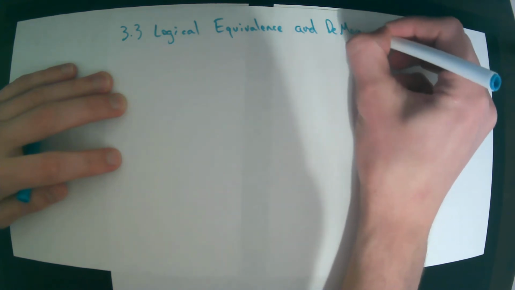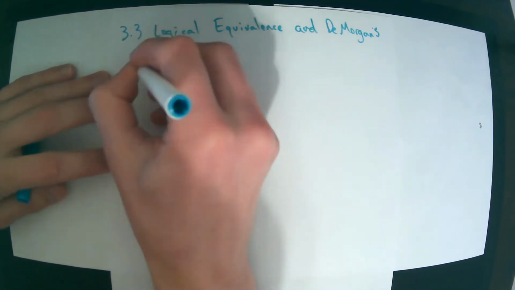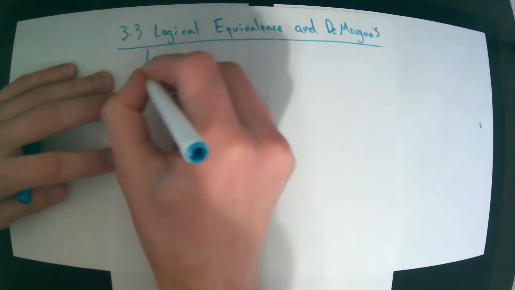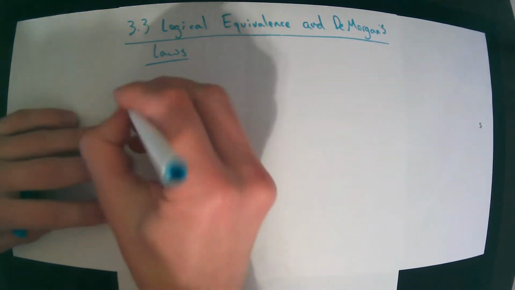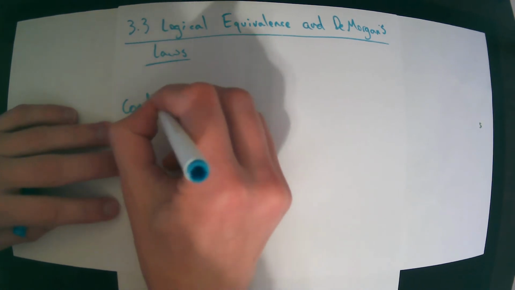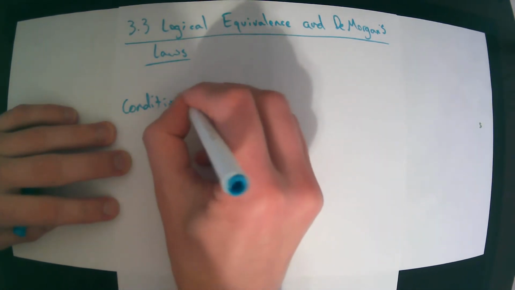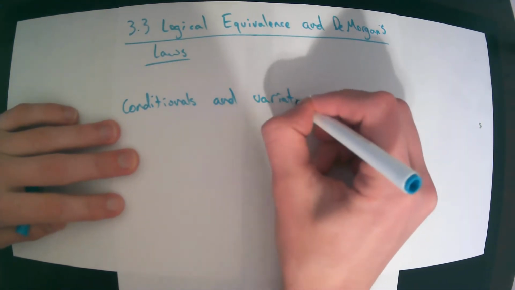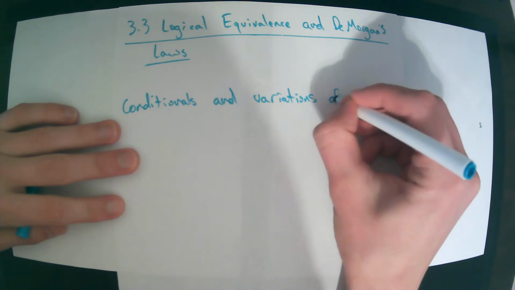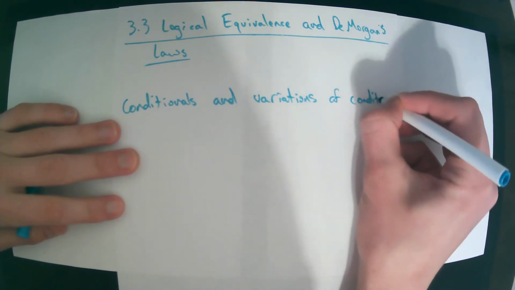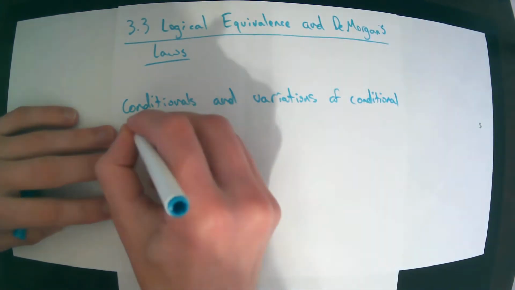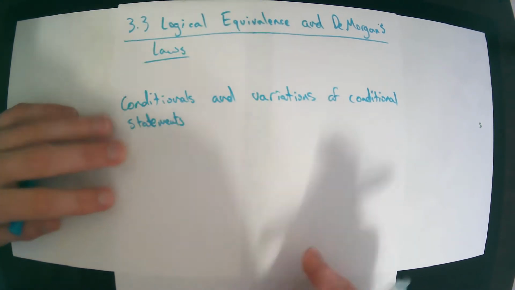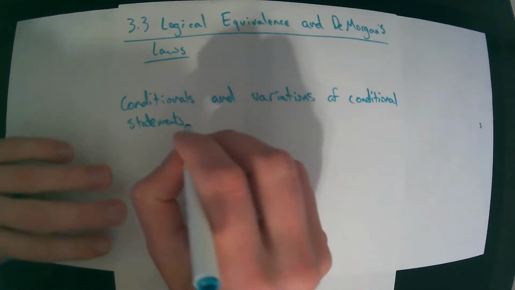Now, before we get into logical equivalence and De Morgan's Laws, we're actually going to look in particular at conditional statements and some variations. Conditional statements and variations of conditional statements.